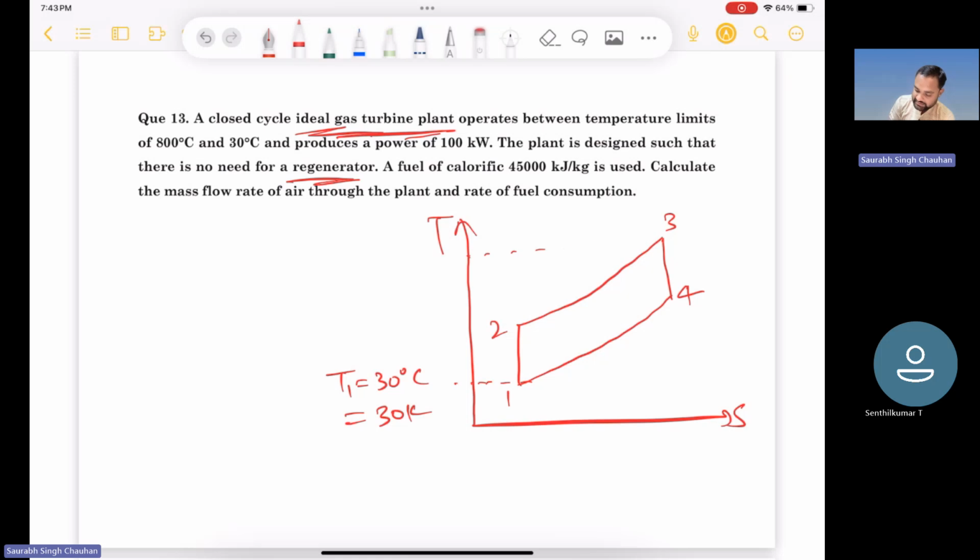T3 is 800 degrees Celsius, which in Kelvin is 1073 Kelvin. And it is given that it is producing 100 kilowatt power. What else do we need?